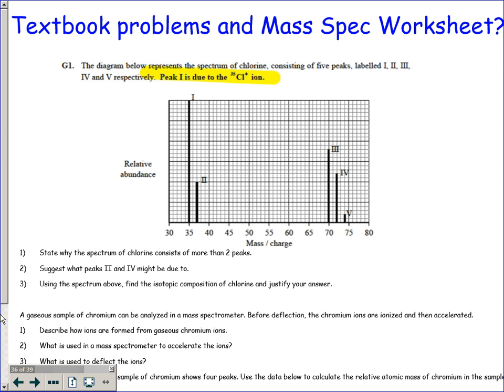Good question. If you have a more accurate mass given than just the mass number, use the more accurate mass given, which would be like 28.00.